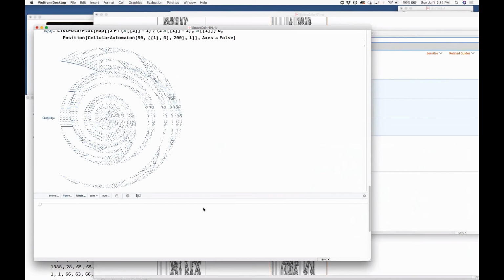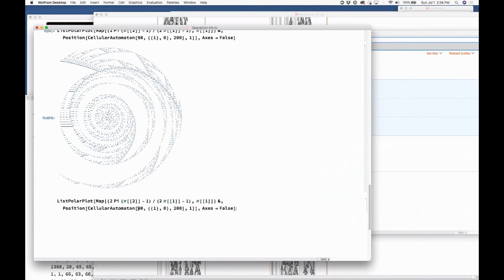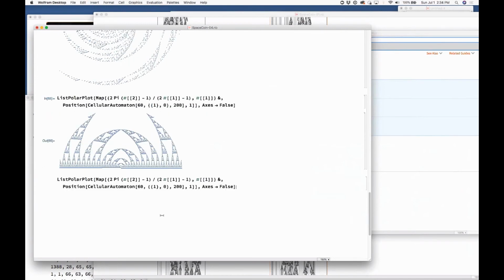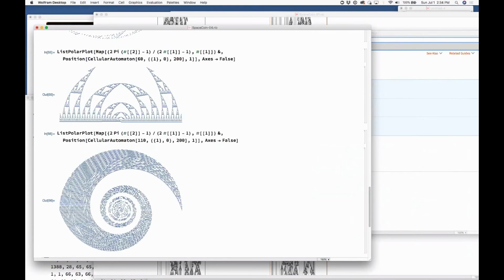I mean, if I try rule 60, which will only expand on one side. Weird. That's nice, though. That's a nice object. Wow. Okay, now we got to try 110, because that also is a one-sided expansion thing.